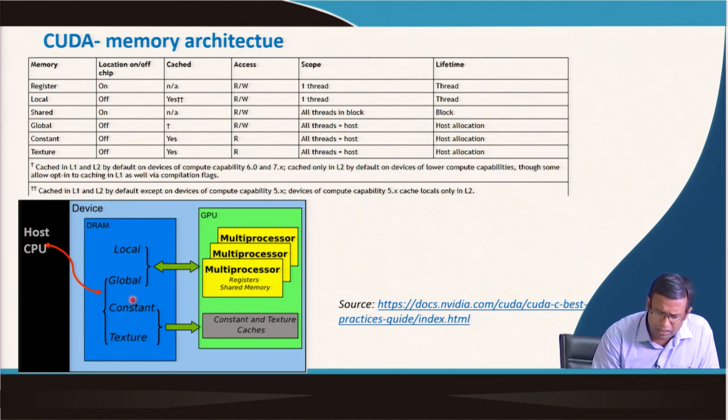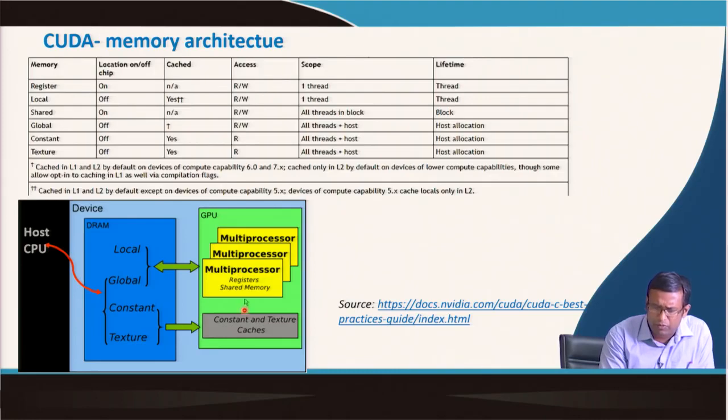The constant and texture memories, as the name suggests, hold a value that will not be changed throughout the kernel operation. So once the kernel is launched, the constant can be copied to the GPU chip, close to the multiprocessors, because we are not changing it; it will be fixed there.